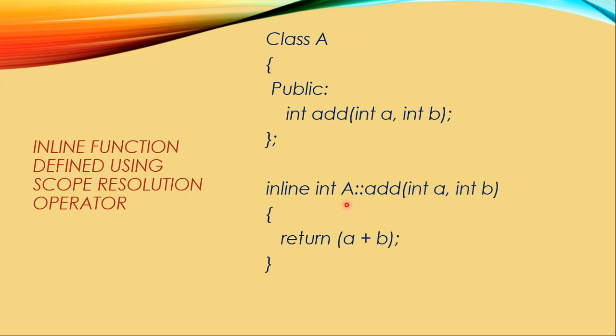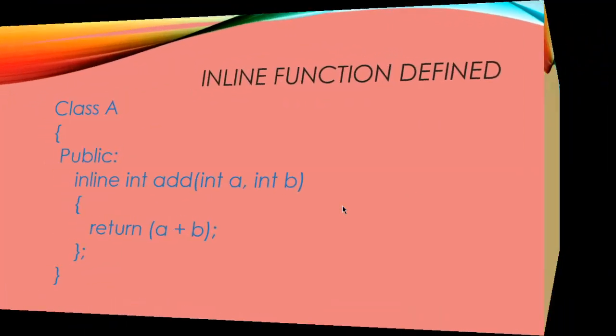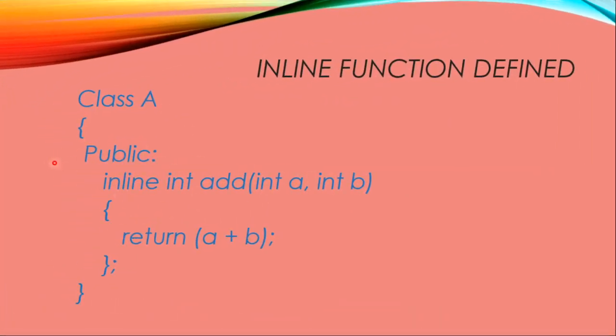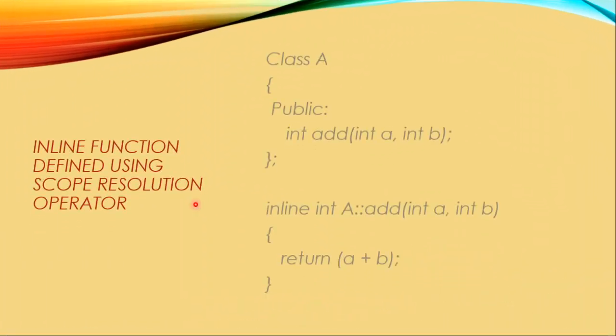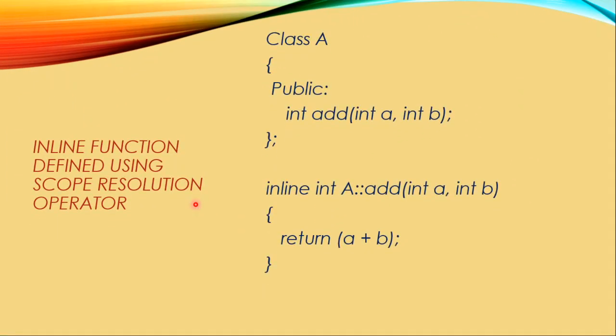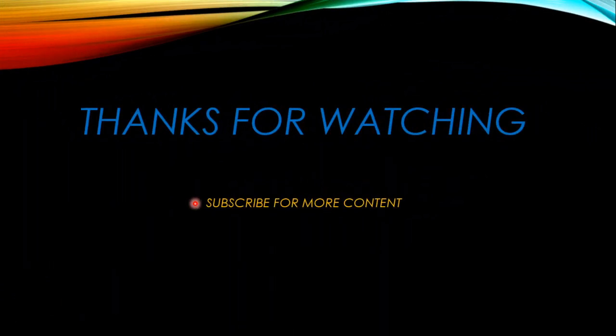Now here the function is the same, you just add the two variables and return the value, but here the definition is given outside the class. That is why the scope operator is used. So we can use either the inline definition within the class as usual without any scope specifier, or we can define it outside the class using the scope operator. Okay, so this is how the inline function works.